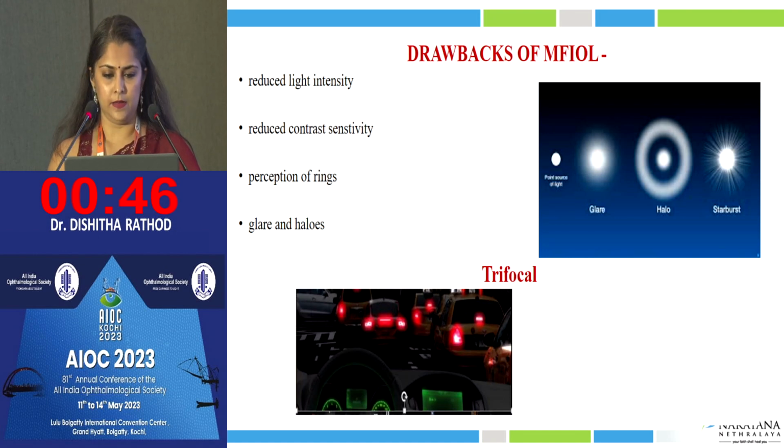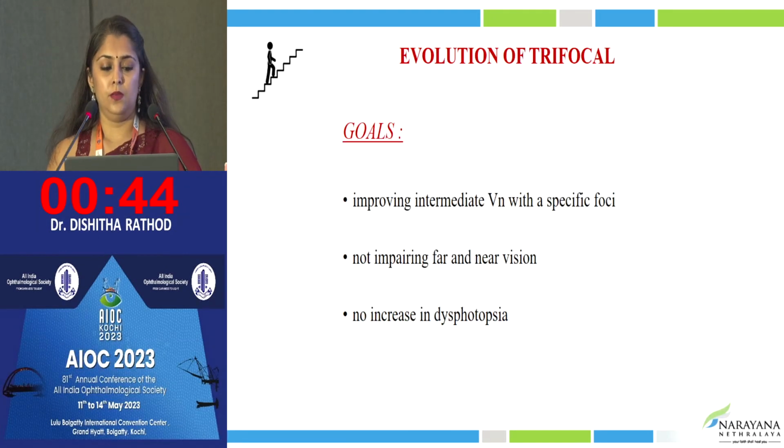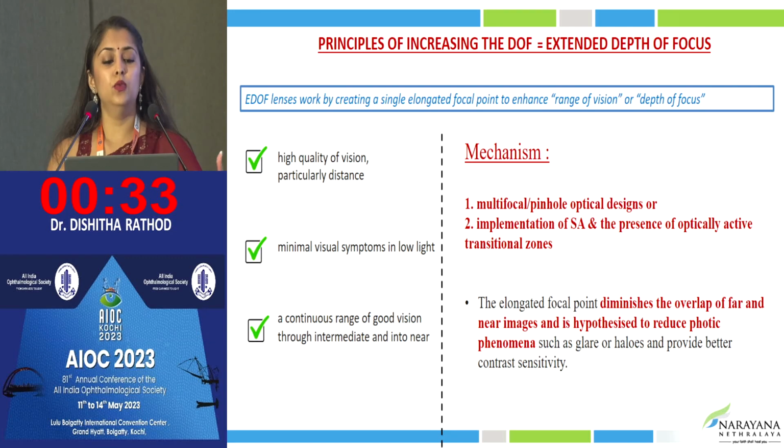As mentioned, there's reduced light intensity, reduced contrast sensitivity, and glare and halos, which is a disadvantage with these lenses. So, in order to overcome these, with the aim of improving intermediate vision, reducing dysphotopsias and not impairing far and near vision, we further moved on to extended depth of focus lenses.